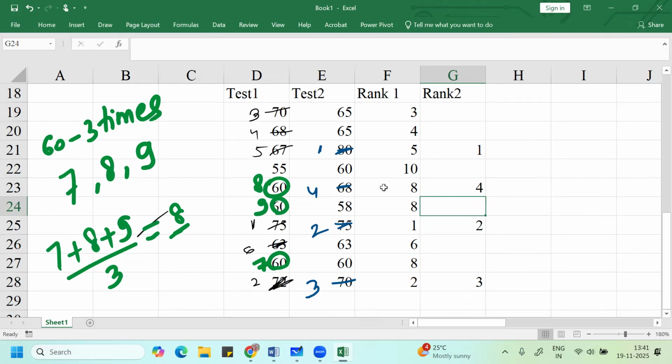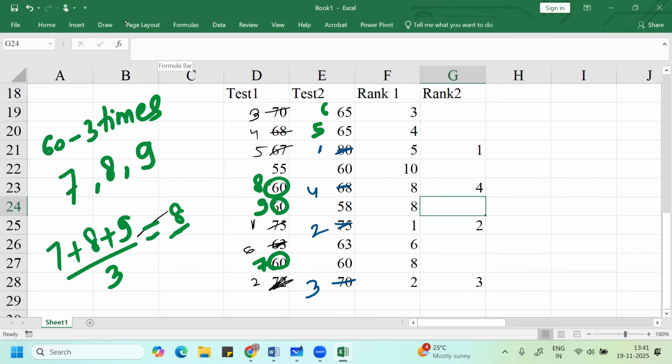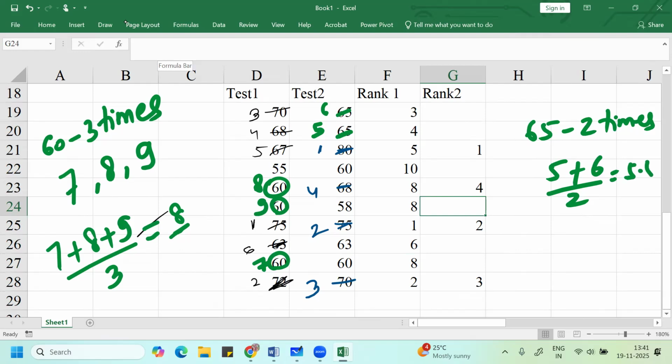Then there's a tie between rank 5 and rank 6. 65 has appeared 2 times, so I'll take the average of this. The average will be 5.5 and 5.5. So total 6 ranks are done.